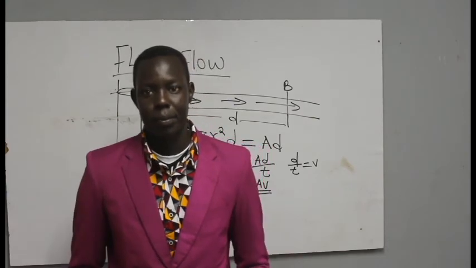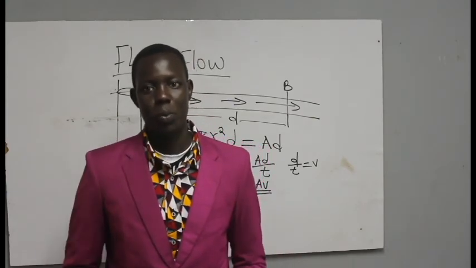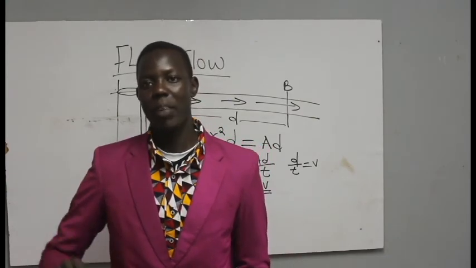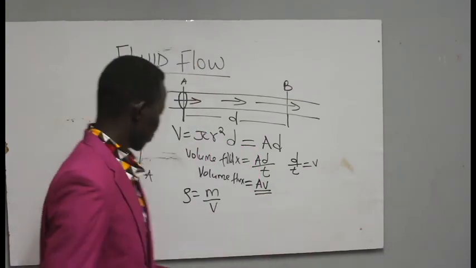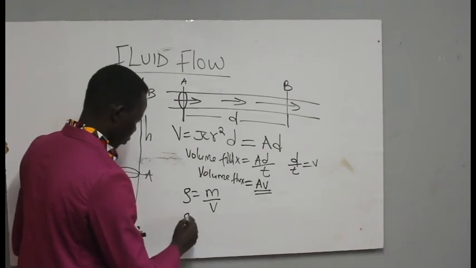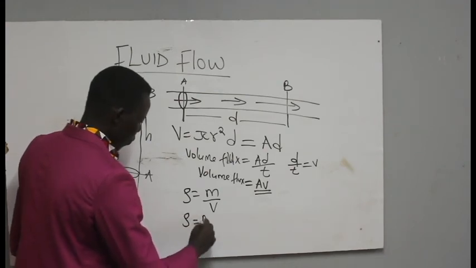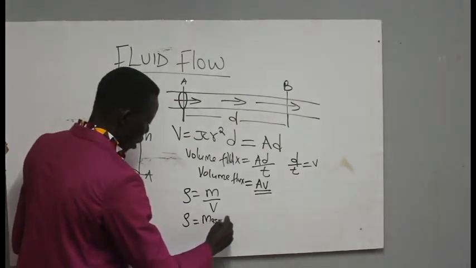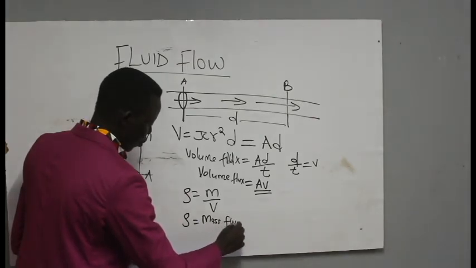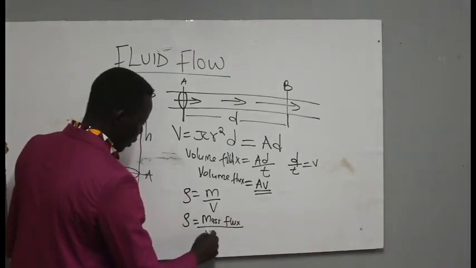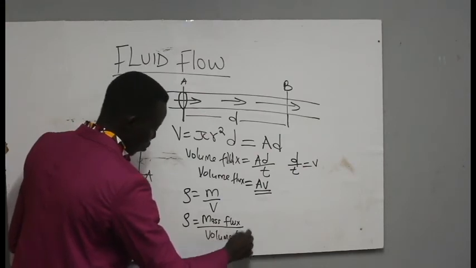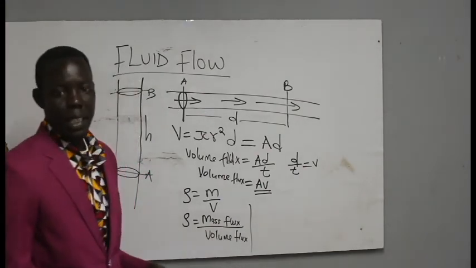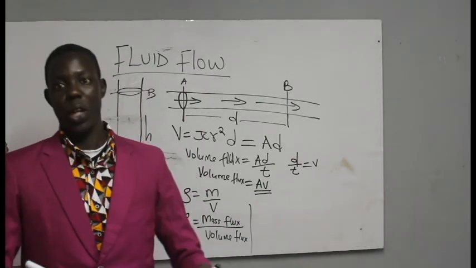Well, it's also true to say that the density is given by mass flux over volume flux. No problem with this, it still agrees with what we are doing.